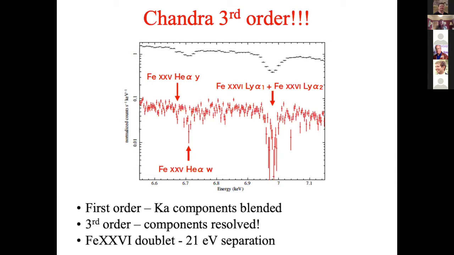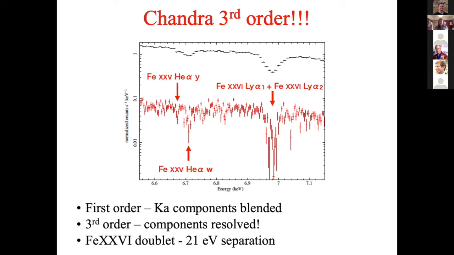And John Miller was talking earlier about the Chandra third order data. And this source is bright enough that you can do this. You can go and get the third order data. So instead of having this kind of blurry look at 25 and 26, you can get this 15 eV resolution, maybe on a good day with a following wind.